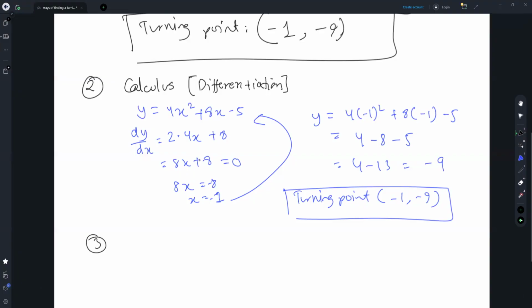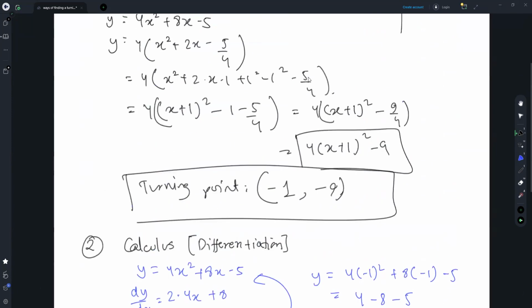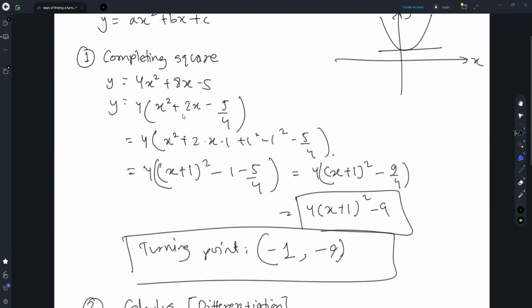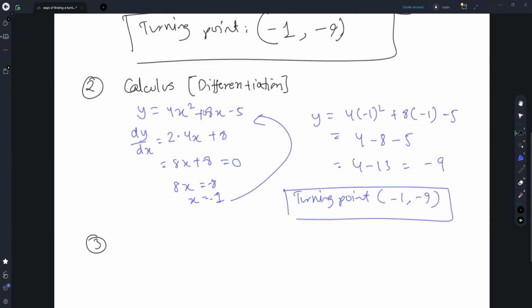Now, number 3 is something that is not known to a whole lot of people. So these methods that I've just shown you are your normal methods of algebra and calculus. This method is geometrical, where you have to have knowledge of symmetry. So this is the geometrical method.